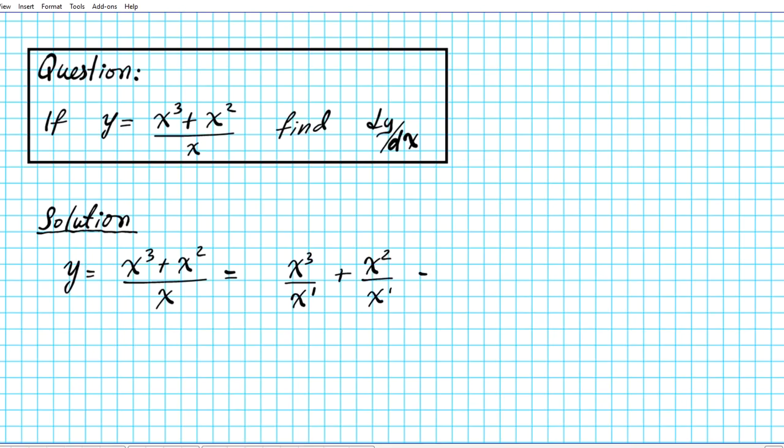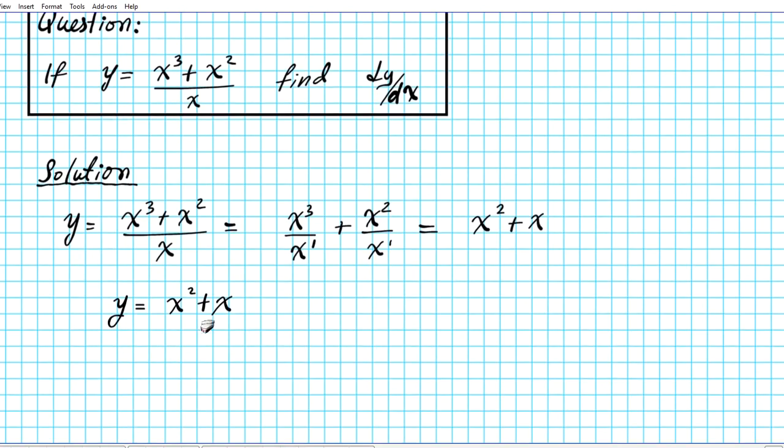When I simplify this, remember your properties of exponents: when you're dividing exponents with the same base, you subtract the powers. So 3 minus 1 is 2, and 2 minus 1 is 1. Our y function in a simplified state is x squared plus x.